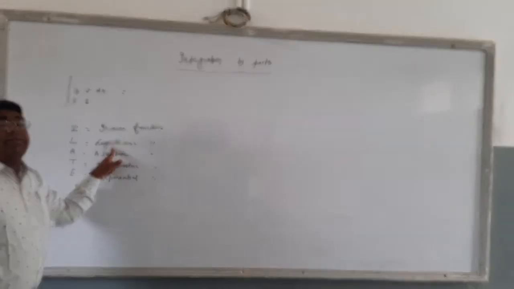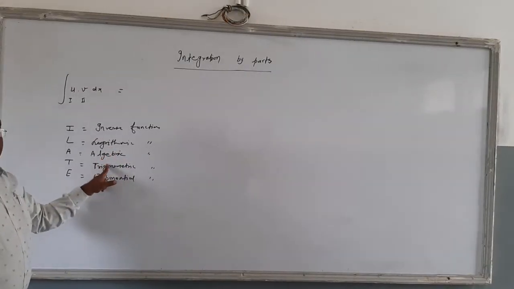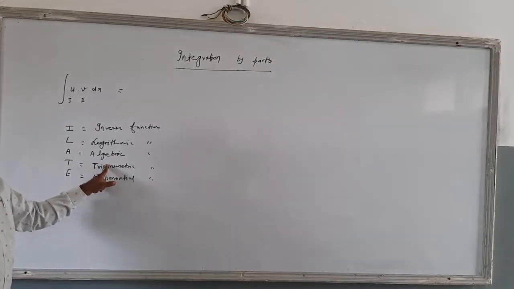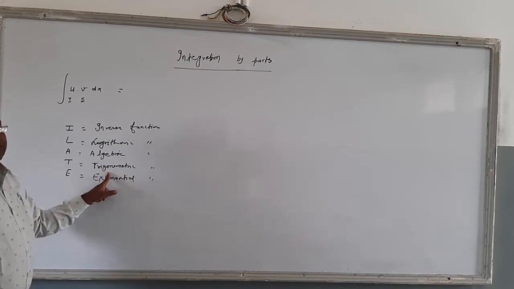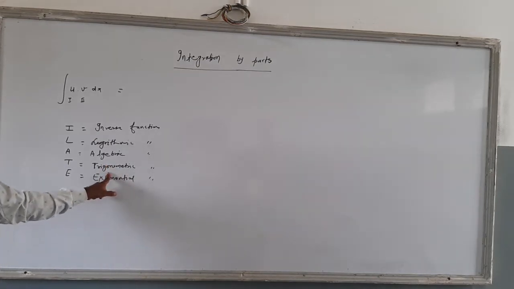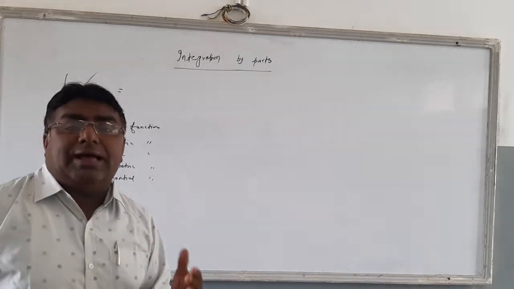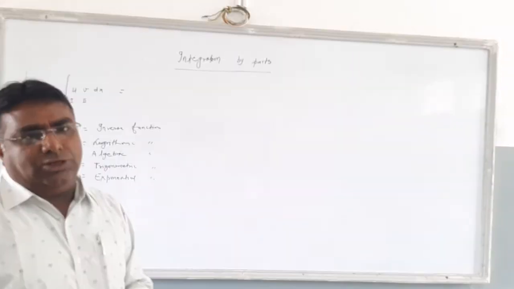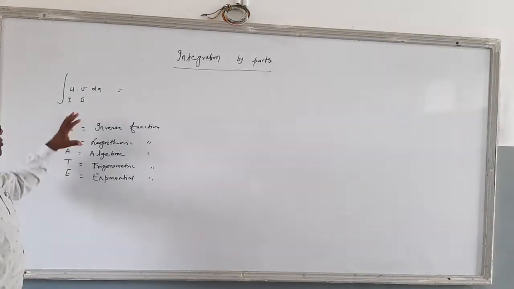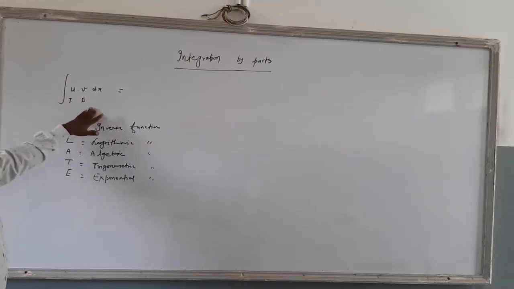Logarithmic function is log x. Algebraic functions are x square, x cube. Trigonometric functions are sin, cos, tan, cot, sec, cosec. Exponential functions mean e raised to power x and a raised to power x.